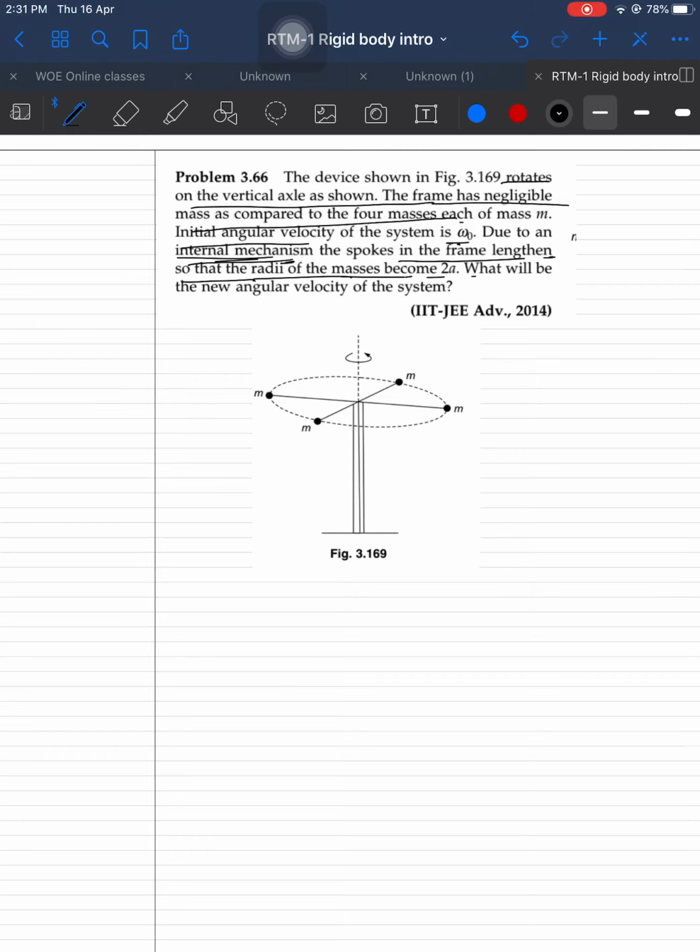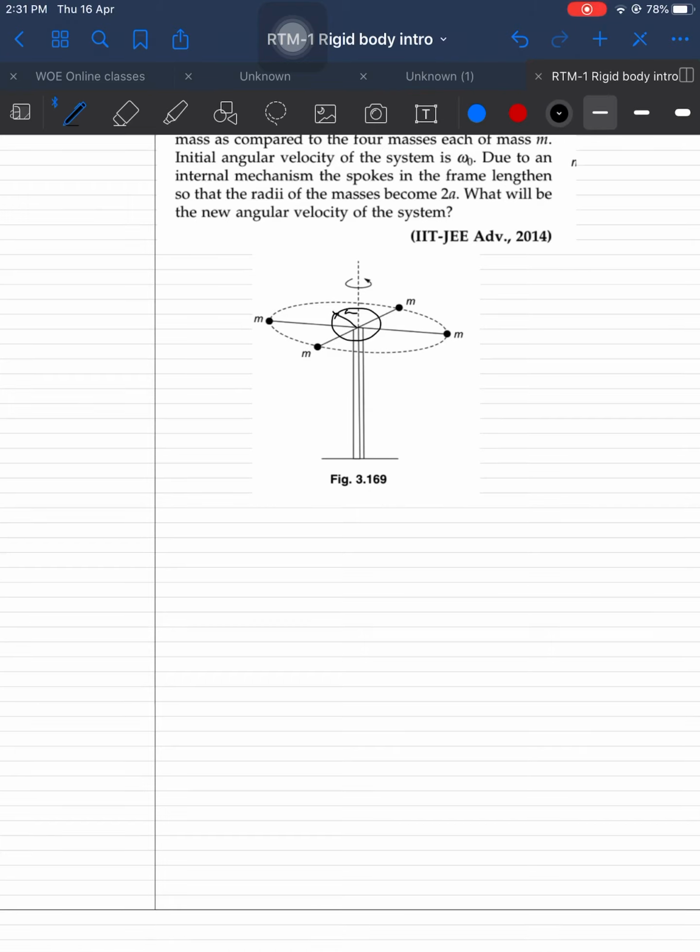Did they mention the initial positions? They did not mention. So if the radius becomes 2a, what will be the new angular velocity? Initially they were at a, the question is actually missing that, and they were rotating. What is the moment of inertia? I omega, I initial omega initial is equal to I final omega final.